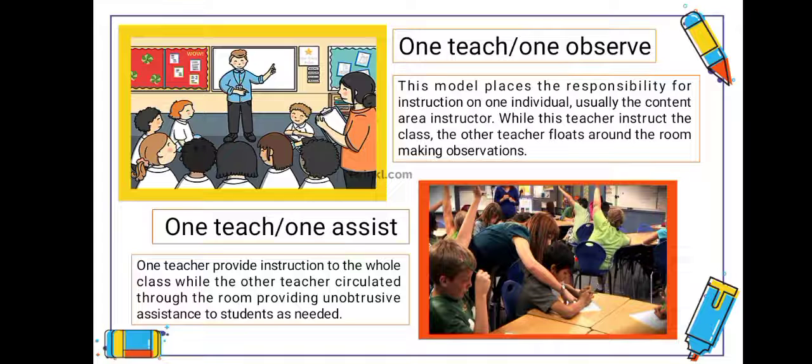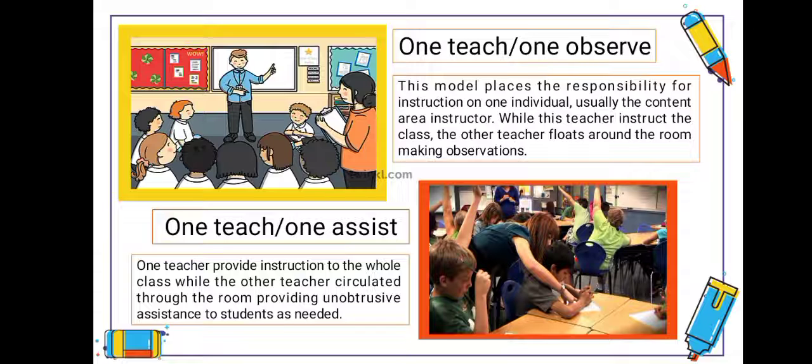One teach, one assist is similar to the one teach, one observe, where a single teacher, usually a content expert, provides instruction to the whole class, while the other teacher works directly with individual students addressing either behavior or academic questions or concerns. In this model, the students will receive individual attention.